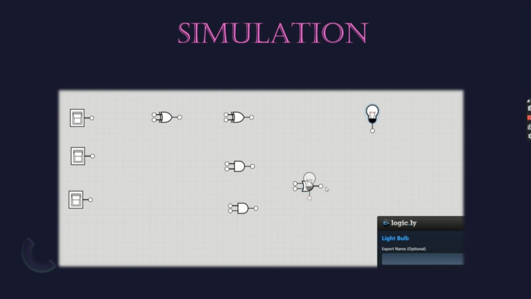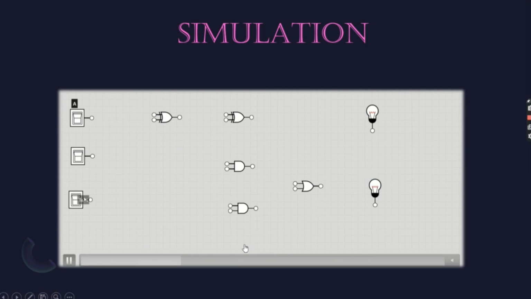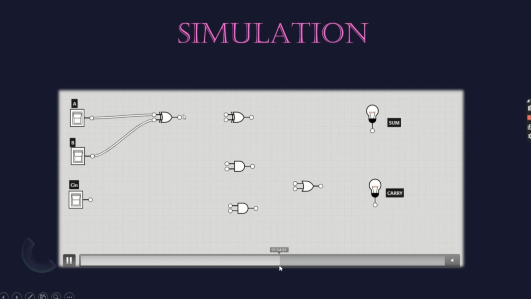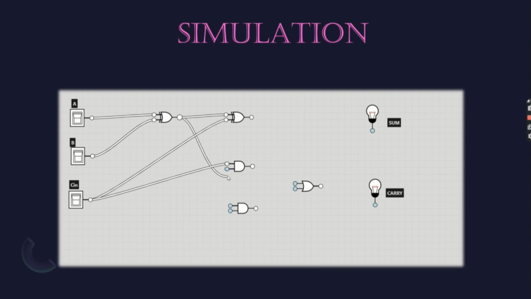And the sum and carry as outputs. The connections are given.